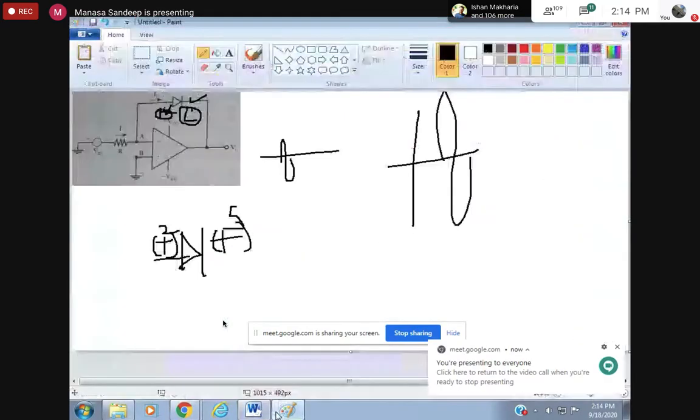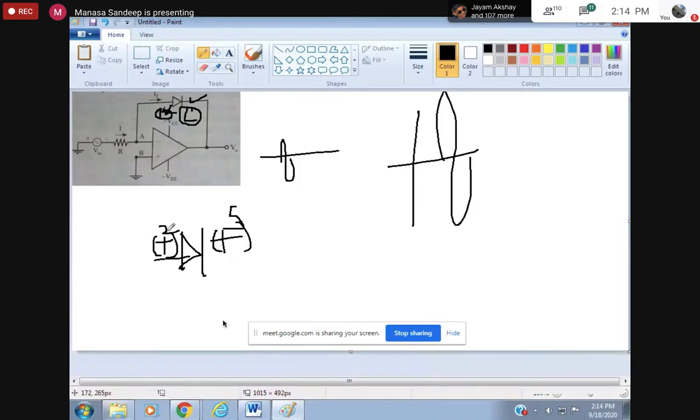What I was telling, I was introducing to you this more positive and less positive, correct? Here, if you apply less positive voltage to the anode and more positive voltage to the cathode, then this diode is reverse biased.